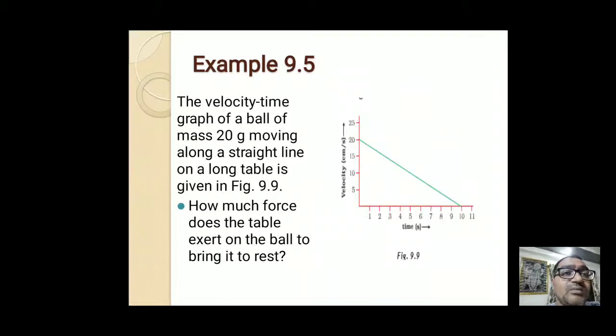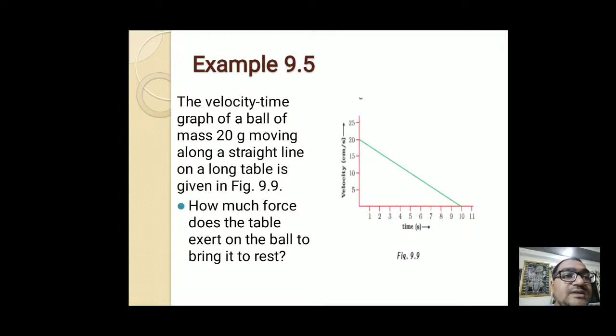Here one ball is given, its mass is 20 gram, and it is released from the top of the table and comes downwards. What is asked? How much force does the table exert on the ball to bring it to rest? So force is to be found here.